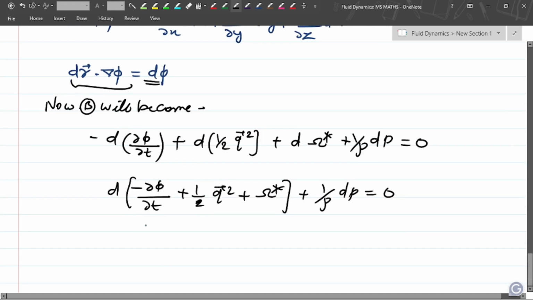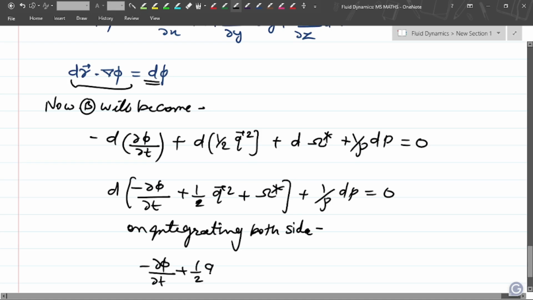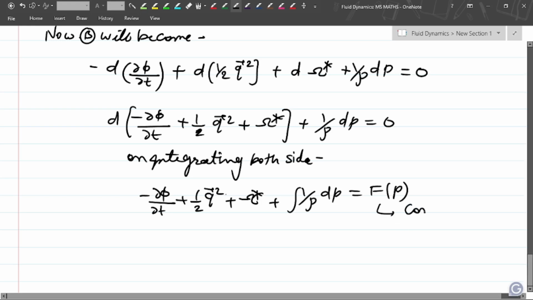If we integrate both sides, it will be minus dou phi by dou t plus 1 by 2 q vector square plus omega star, and plus the integration of 1 upon rho dp is equal to some function of t, or basically a constant.